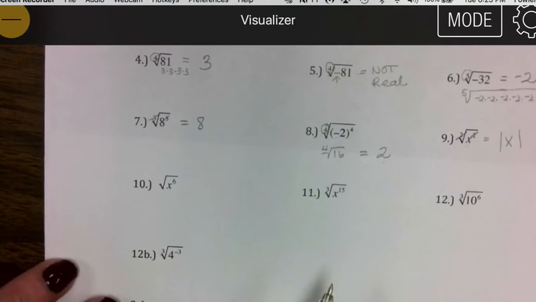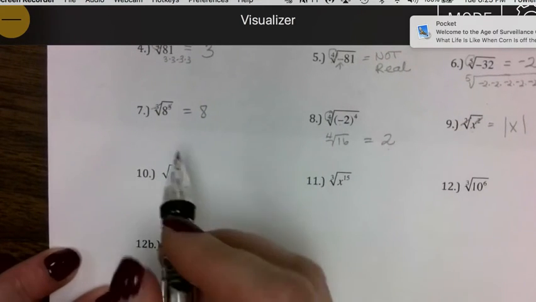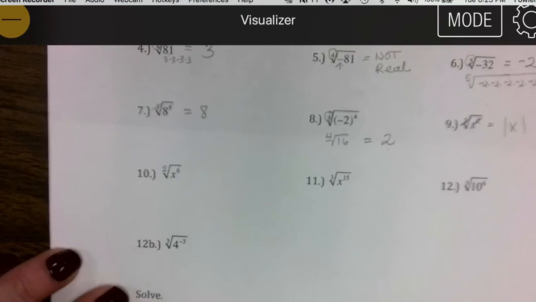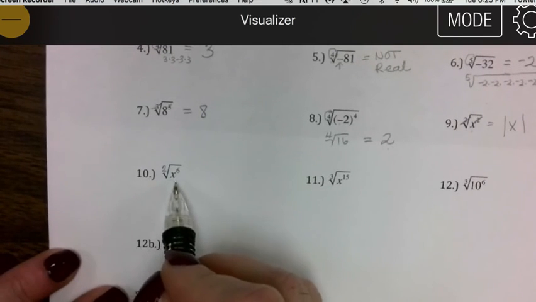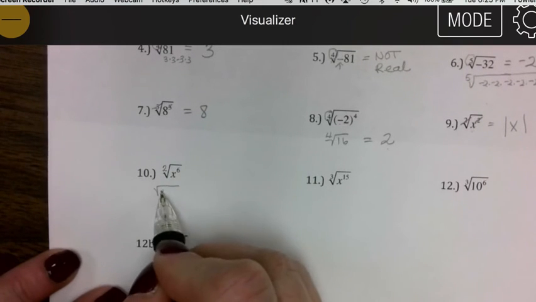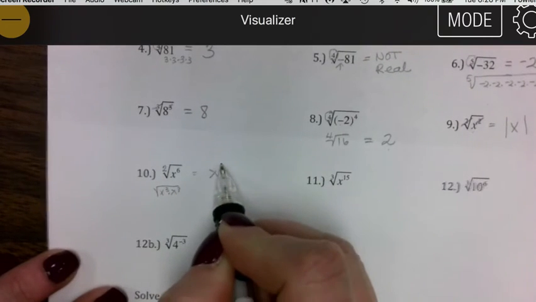So when we get down to problems 10, 11, and 12, I'm going to show you kind of a shortcut. You can either think of it, if I'm taking the square root, as x cubed times x cubed, which is going to give me an x to the third power.